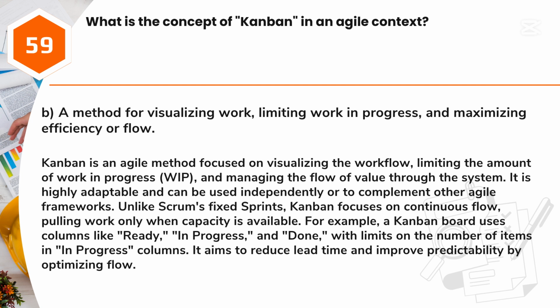Unlike Scrum's fixed sprints, Kanban focuses on continuous flow, pulling work only when capacity is available. For example, a Kanban board uses columns like Ready, In Progress, and Done, with limits on the number of items in progress columns. It aims to reduce lead time and improve predictability by optimizing flow.